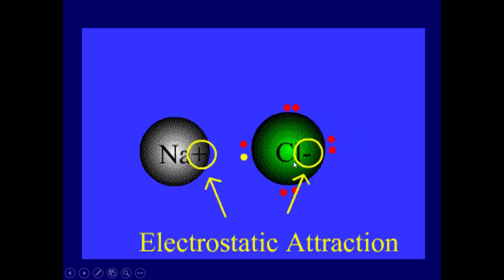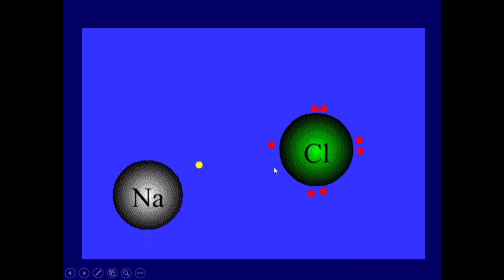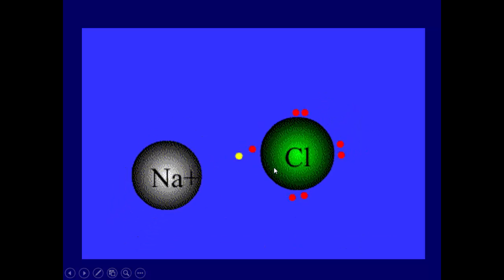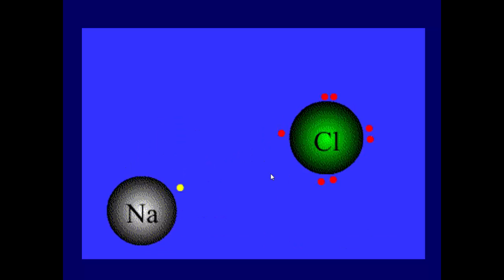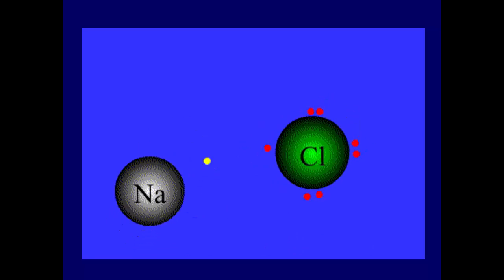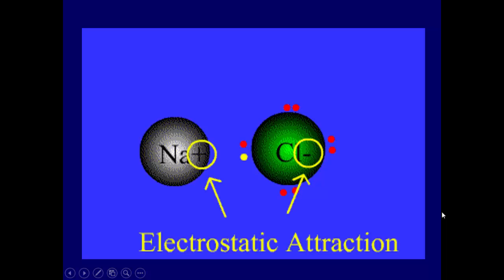The chlorine over here gains an electron to now have a full electron shell, so it's happy, but it's also negatively charged now, so we have an attraction between a positive and a negative. Remember, opposites attract. Okay? So an ionic bond is formed between two atoms. One gives up an electron and one steals it.